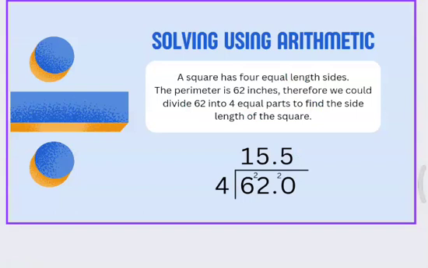The remainder of 2 will be placed in front of the next 2 in 62. So 22 divided by 4 goes in 5 places with a remainder of 2. That remainder of 2, you add an imaginary 0. So 20 divided by 4, we have 5.